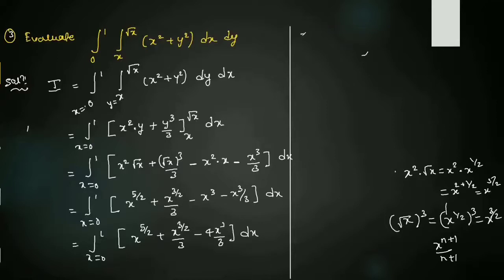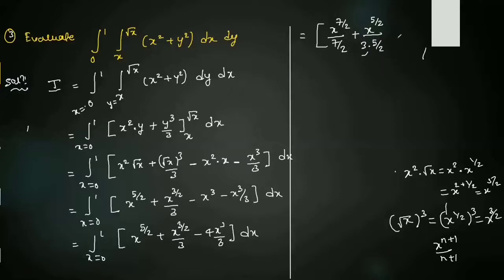Yes, 7 by 2. So integration of x to the power 5 by 2 is x to the power 7 by 2 divided by 7 by 2. Plus, what is 3 by 2 plus 1? 5 by 2. x to the power 5 by 2 divided by 3 into 5 by 2, because already we have 3 here and 5 by 2 we have to write.